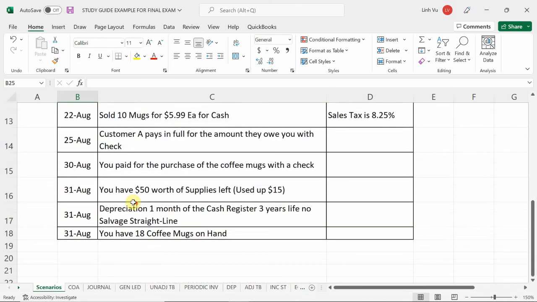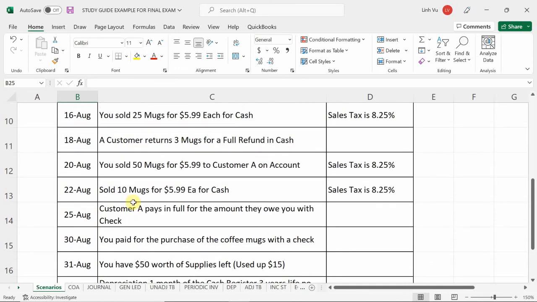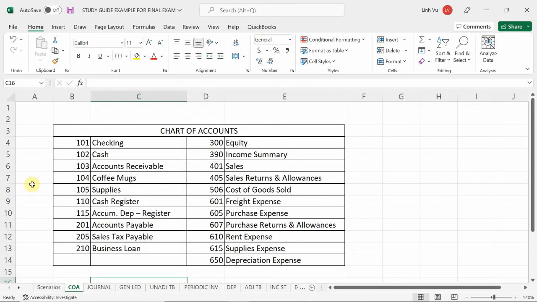On the 25th, customer A decides to pay in full for the amount that they owe you with a check. So, 25th of August, customer A decides to pay me in full with a check. So what account am I going to be using?